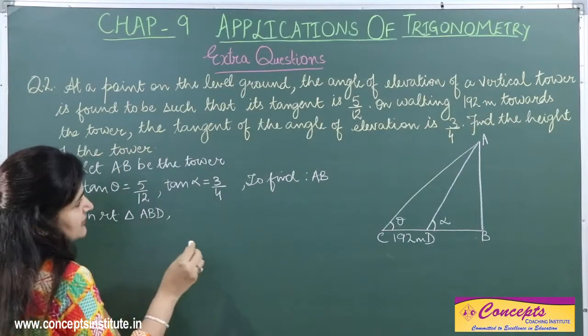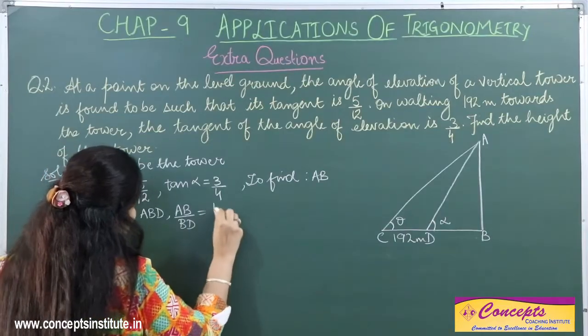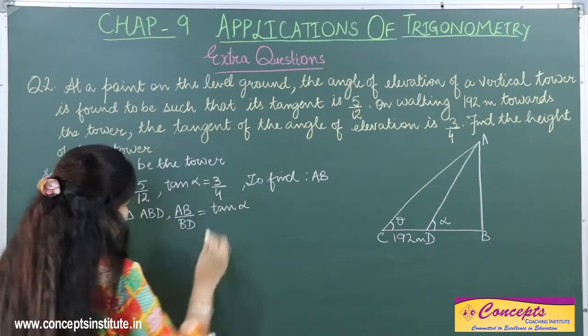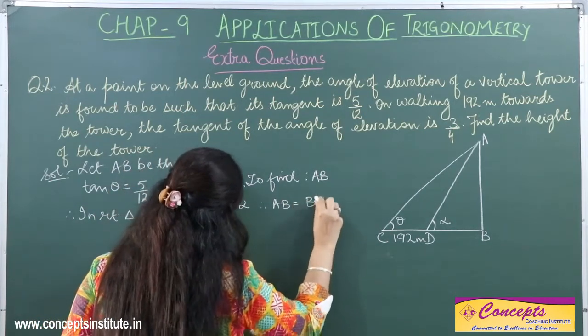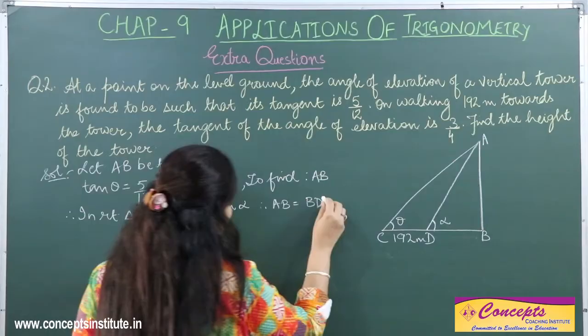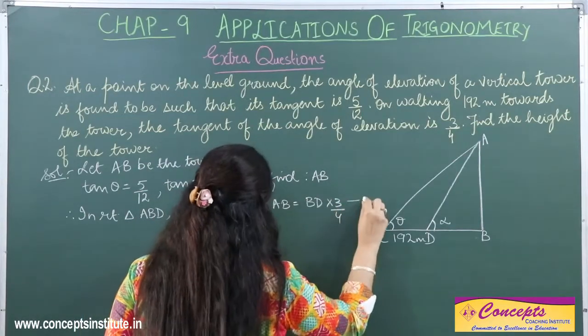Now in right triangle ABD, AB upon BD, so this is equals to tan alpha. That means AB would be BD into, the value of tan alpha is 3 upon 4. So BD into 3 upon 4.